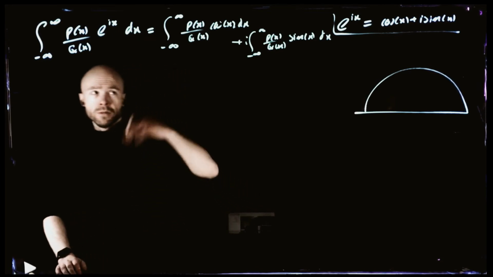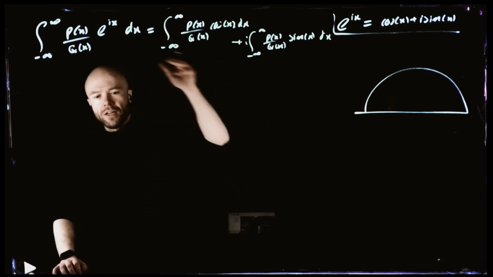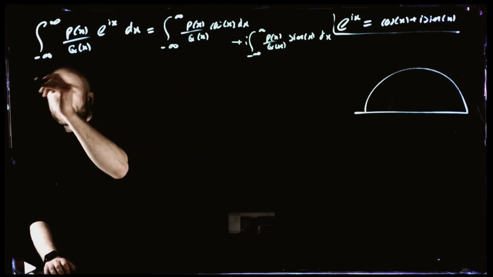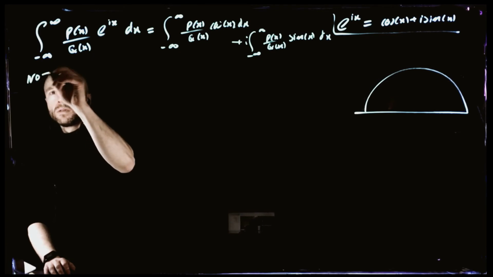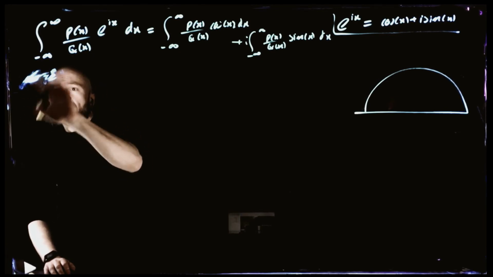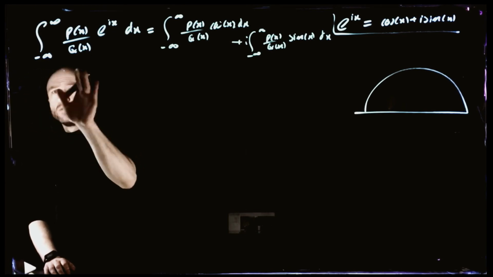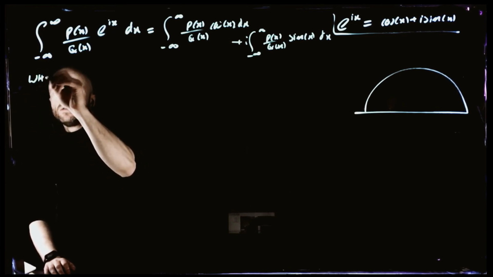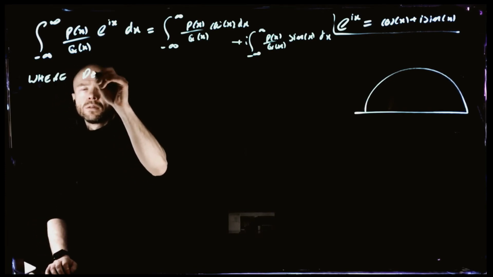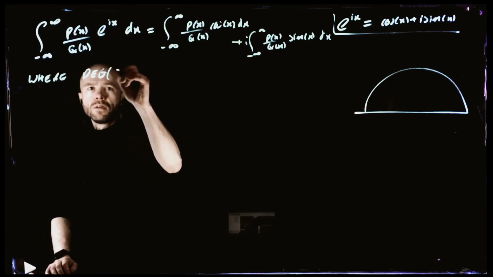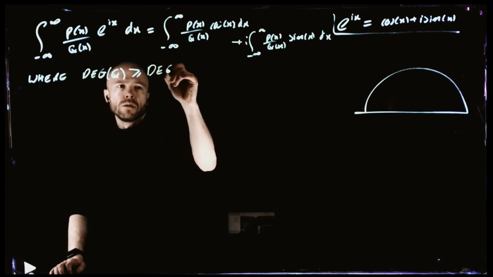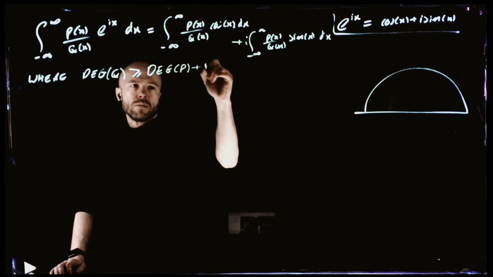So I'll show you the different kind of procedure and the different kind of contour we need to calculate something like this. Let me state this where the degree of q is at least the degree of p plus 1.